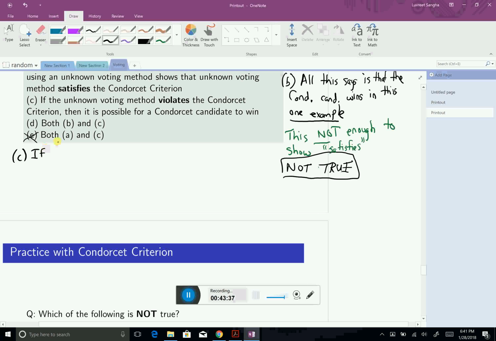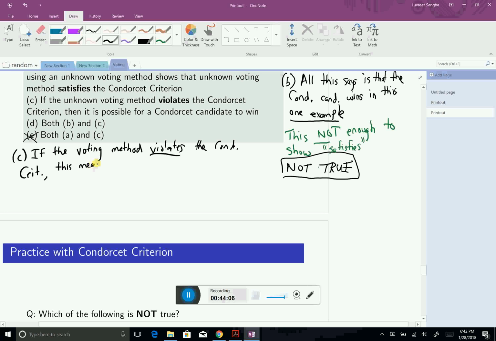If the voting method violates the Condorcet criterion, this means that there's some situation where a Condorcet candidate loses.